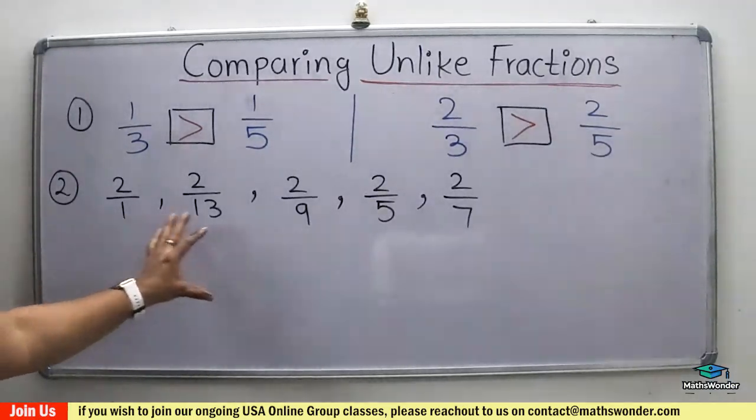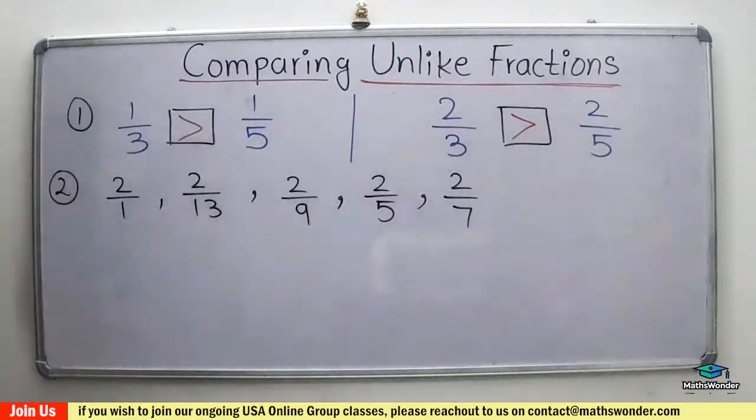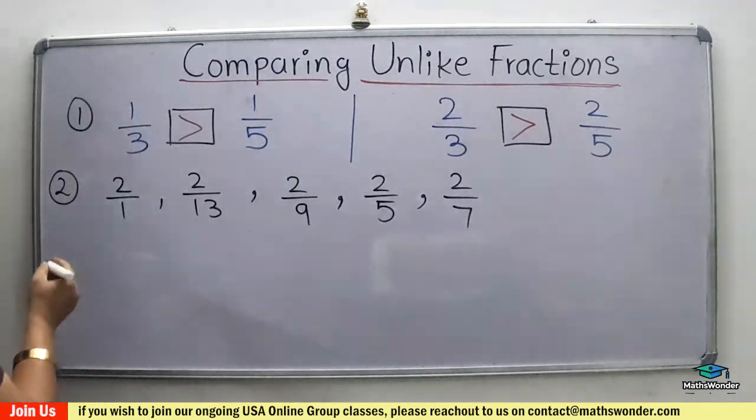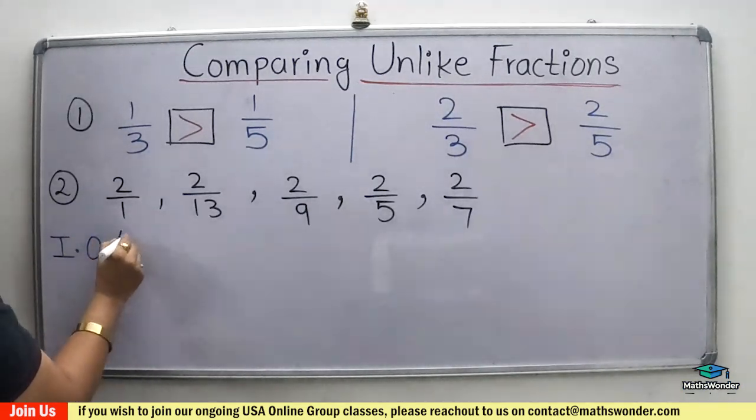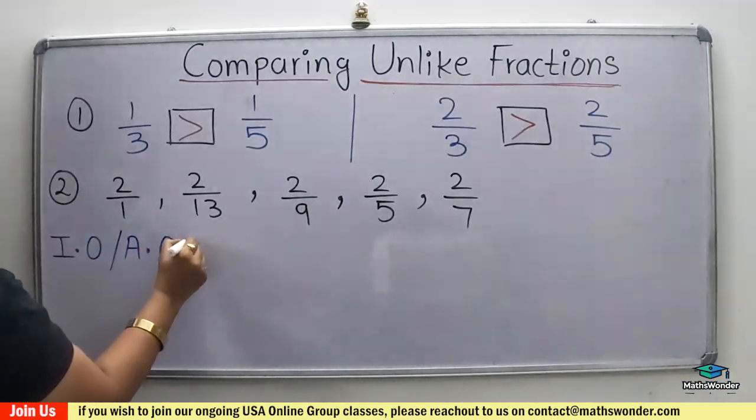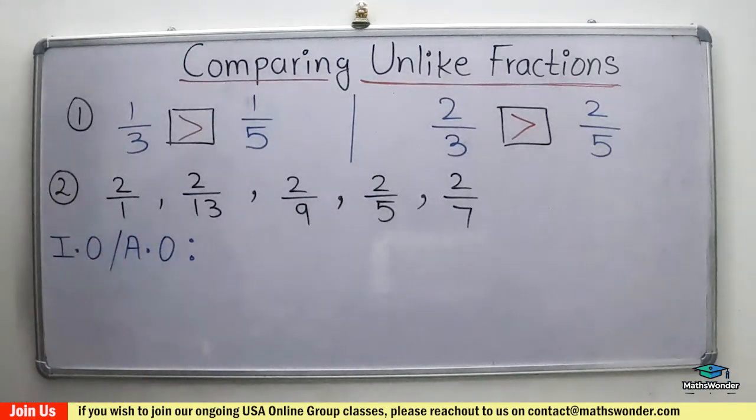We have given 5 fractions with the same numerator. Now you have to arrange them in ascending order, or increasing order. Okay? Ascending order. So arrange accordingly, because ascending or increasing order means the smallest one first. Smallest one means when the numerator is the same, then the greater denominator will be smaller. Right?